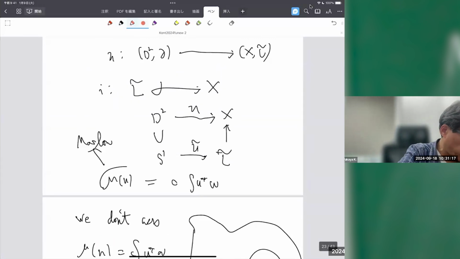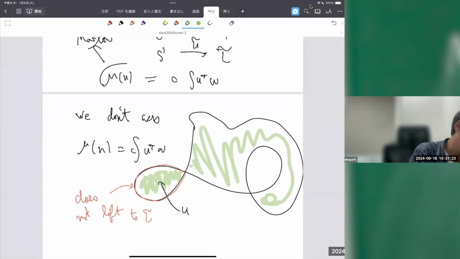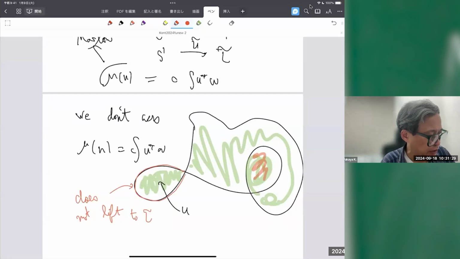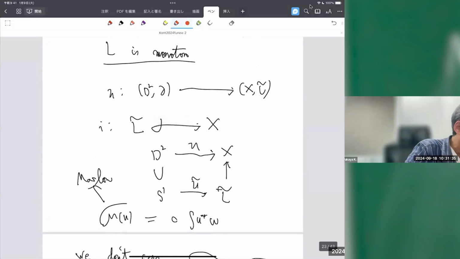But if you consider, for example, everything, maybe this part is double, then it lifts, and then you assume this. So that is called a monotone immersed Lagrangian submanifold. And the main context is the following.